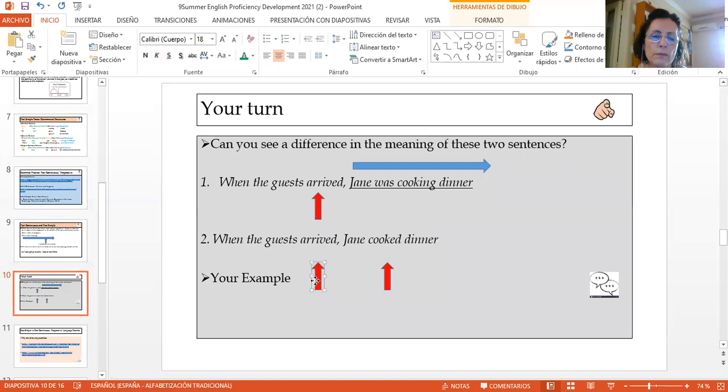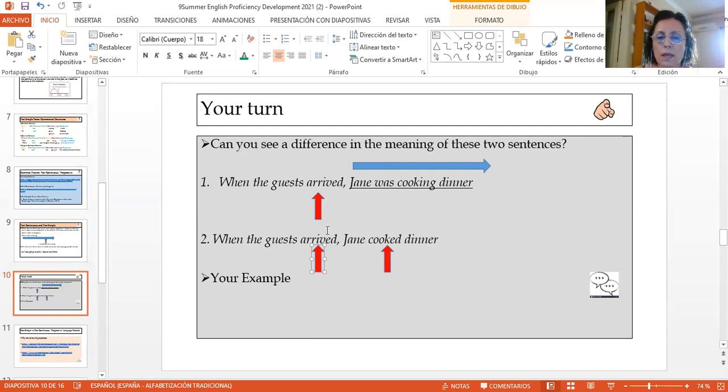¿Cuál es el significado? Son dos pasados. Two verbs in the past. El continuo y el otro no. Este hay una acción que está sucediendo en el tiempo y algo pasa. But this is two actions, separated actions.